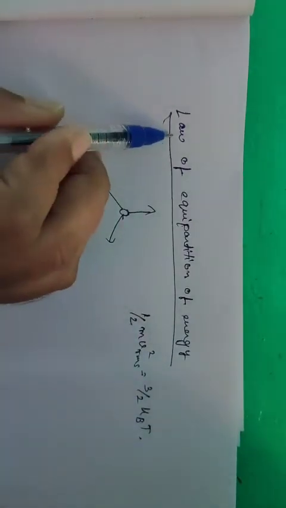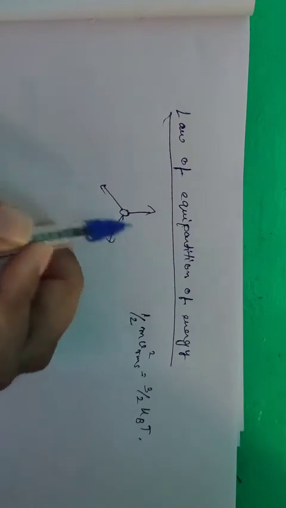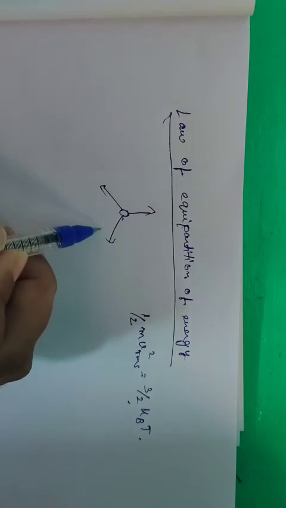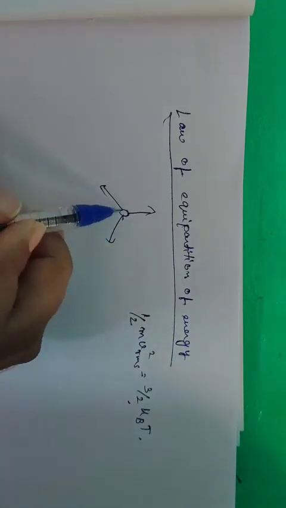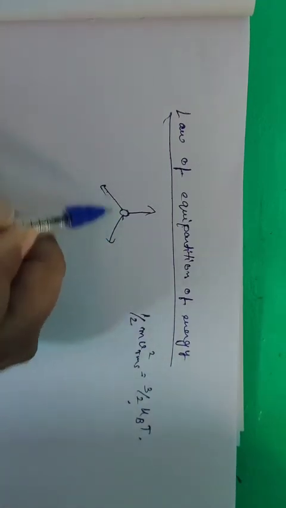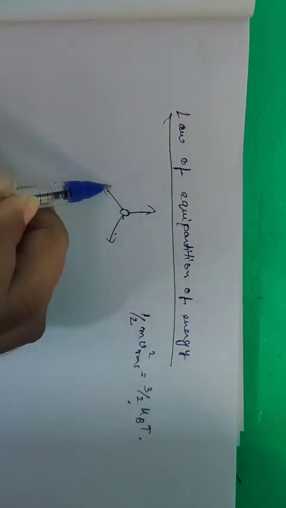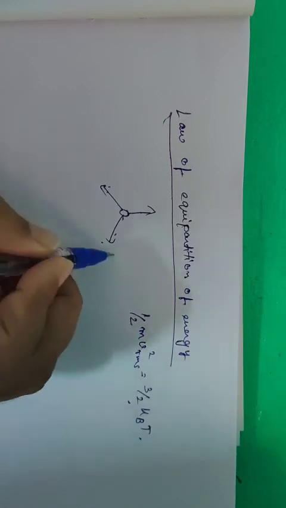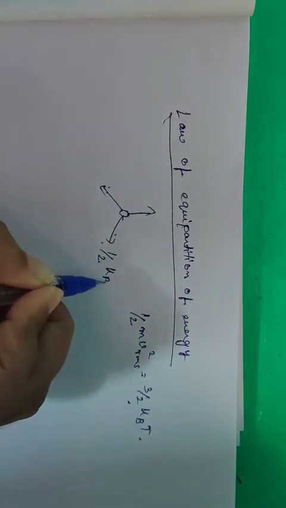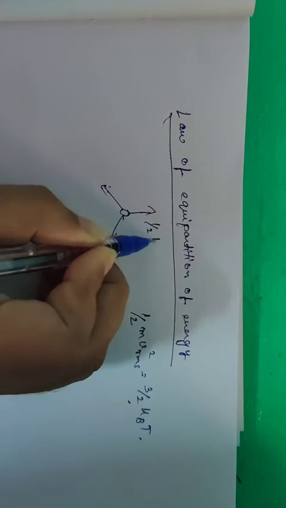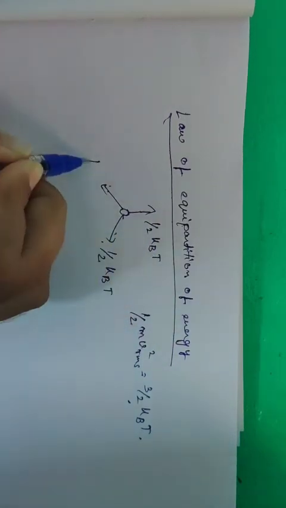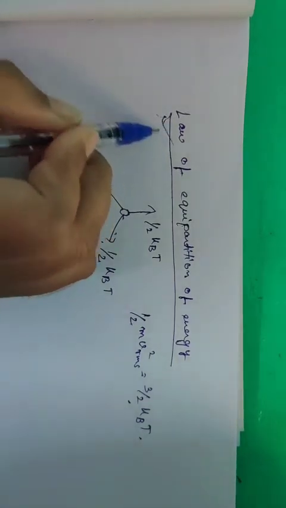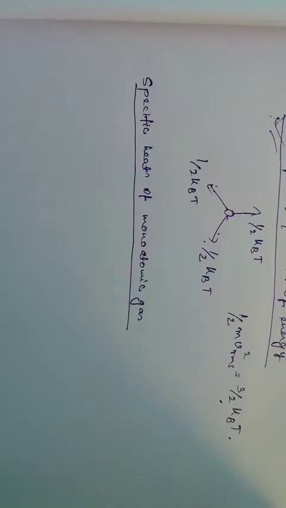The law of equipartition of energy says that this energy will be equally distributed among its various degrees of freedom, and the energy associated with each degree of freedom per molecule is half kBT. So this is the law of equipartition of energy.